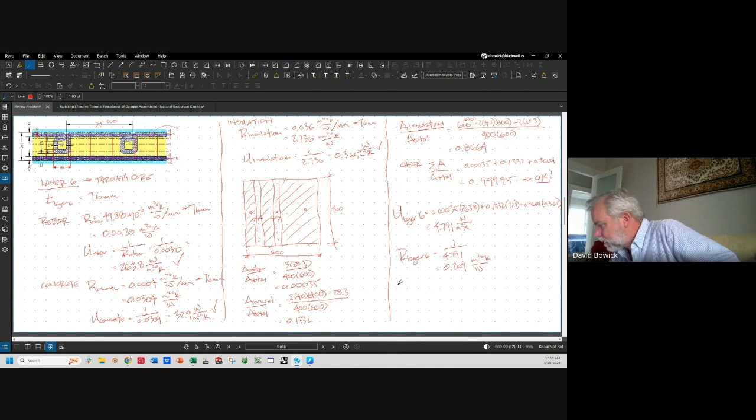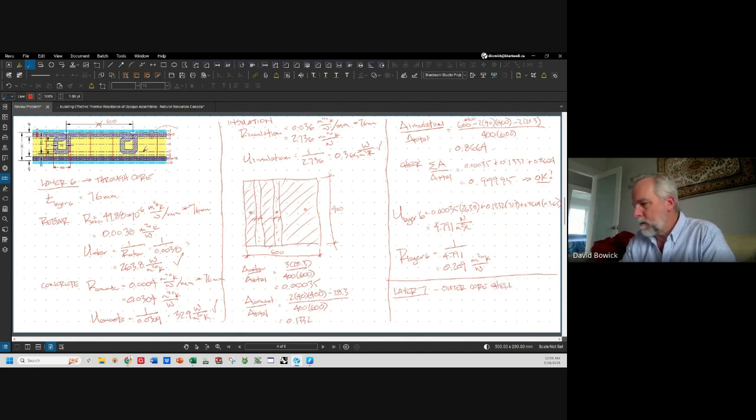I am going to put a little box here. I'm going to say layer 7, outer core shell. Okay, see, layer 7 is this one right here, outer core shell. You can see that it's identical to layer 5.